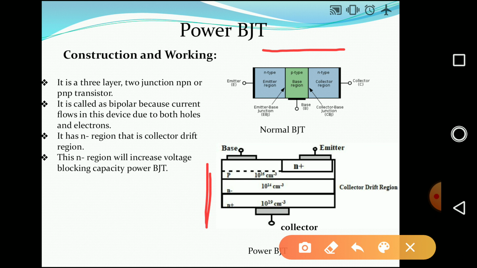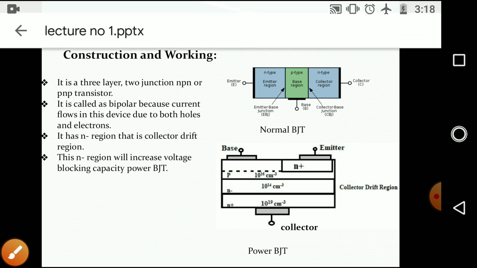The normal BJT has only three layers and no extra drift layer, so its power capacity is low. But in the power BJT we have the collector drift region, due to which it has a high capacity to handle more power and can also withstand a large reverse voltage.